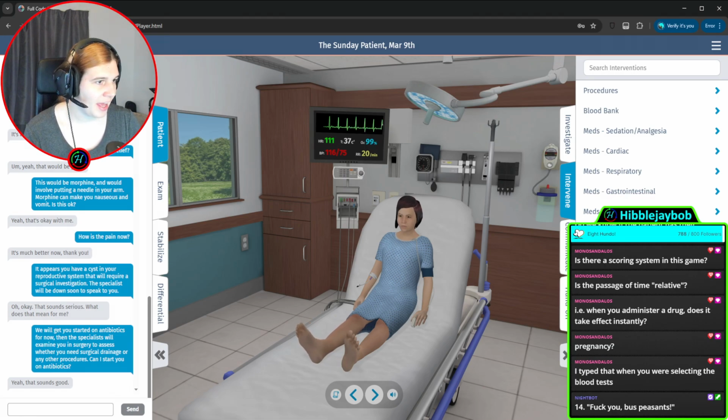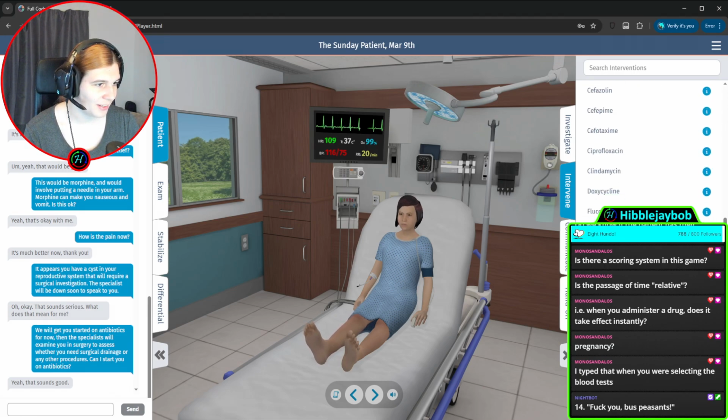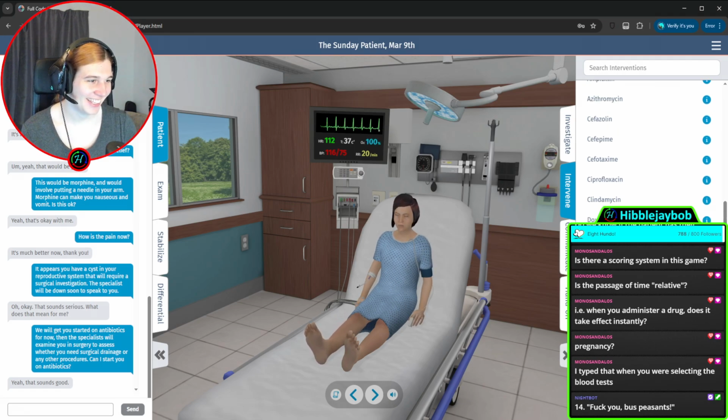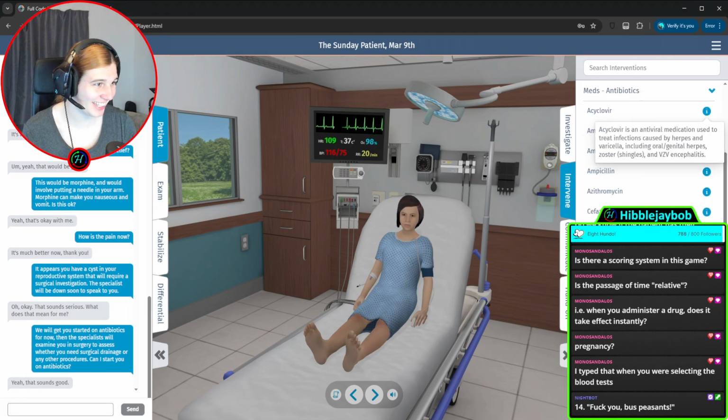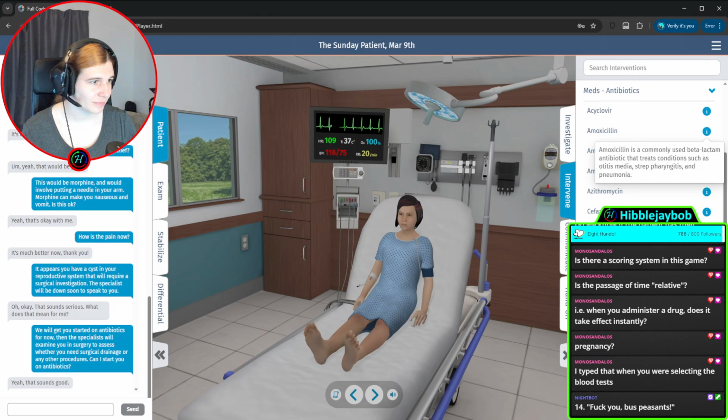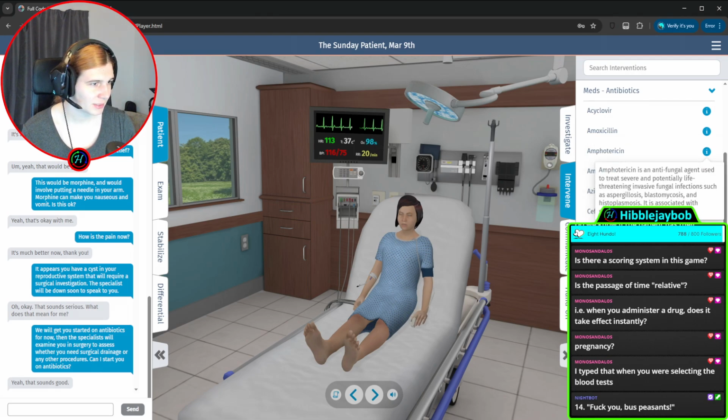Alright, so what we're going to do then, let's have a look at antibiotics. Oh god, okay. Oh, this is where I am unfortunately reminded that I am not a doctor. Pharyngitis, okay. Fine, we don't have a fungal infection, so that's okay. Ampicillin. Yeah, okay. Azithromycin.